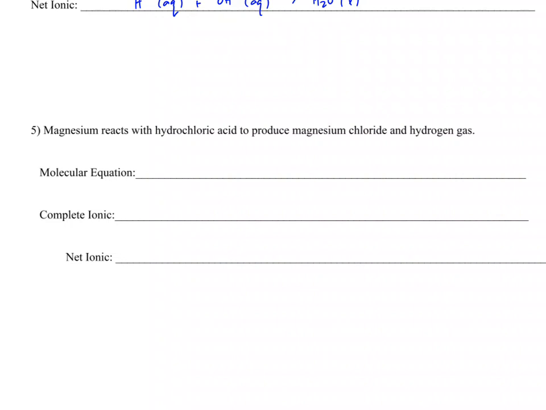Okay, so what we have here: magnesium reacts with hydrochloric acid to produce magnesium chloride. Magnesium is +2, chlorine is -1, so magnesium chloride would be MgCl2.